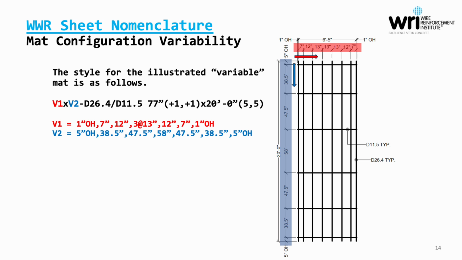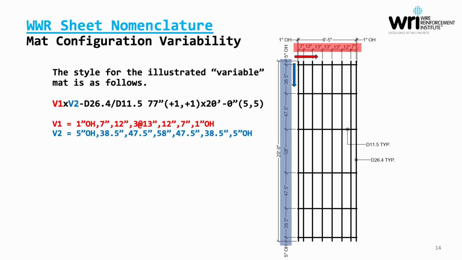Where the difference is, comparing this style to the previous, is that the wire positioning within the body of the mat has changed. So if we look at line wires, which is V sub 1 or V1, we have a 1-inch overhang, and we have a 7-inch space, a 12-inch space, three 13-inch spaces, another 12-inch space, a 7-inch space, and then we conclude it with a 1-inch overhang.